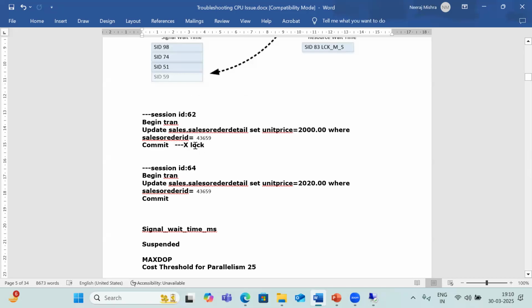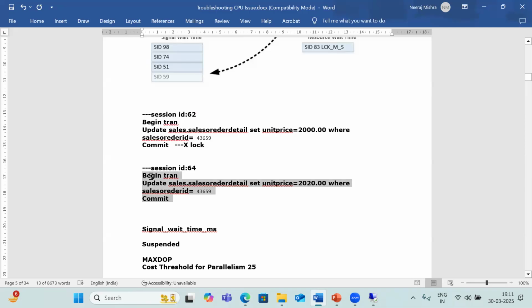For the modification of 500 rows with unit price 2000, say for example, it will take 1 second, just assume, right? At the same time, if another user executes the same query, which is trying to modify unit price with 2022, those 500 rows are already exclusively locked.